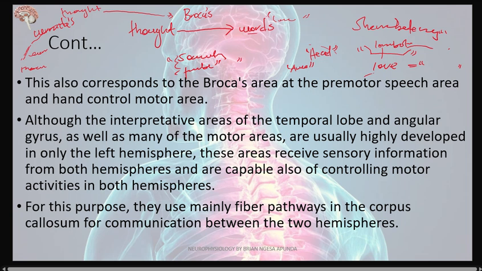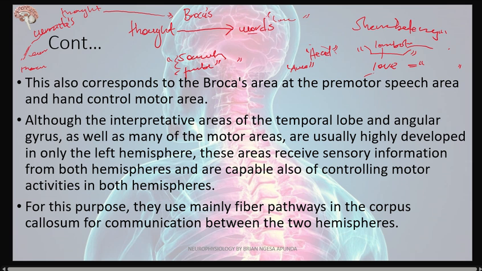So the opposite of the Wernicke's area is Broca's. Remember, it is a part of the premotor area, or sometimes the motor area, that controls the movement of the specific area that should be able to produce the speech.